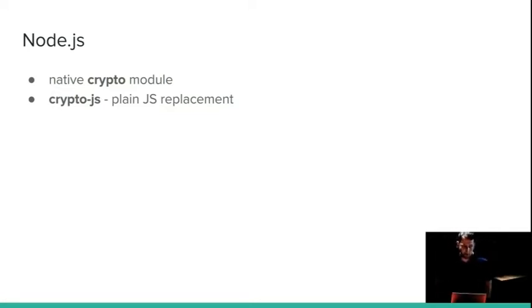Also there is a plain JS implementation called crypto.js, which probably supports more. If you don't find the stuff that you are looking for in the native module, you can always fall back to the JavaScript implementation.